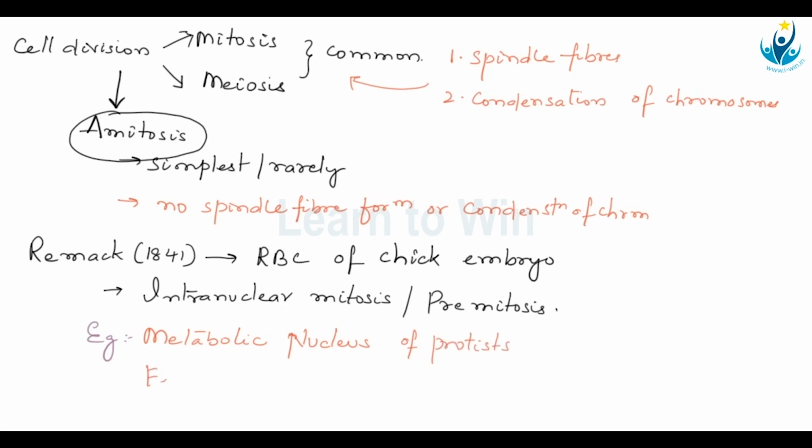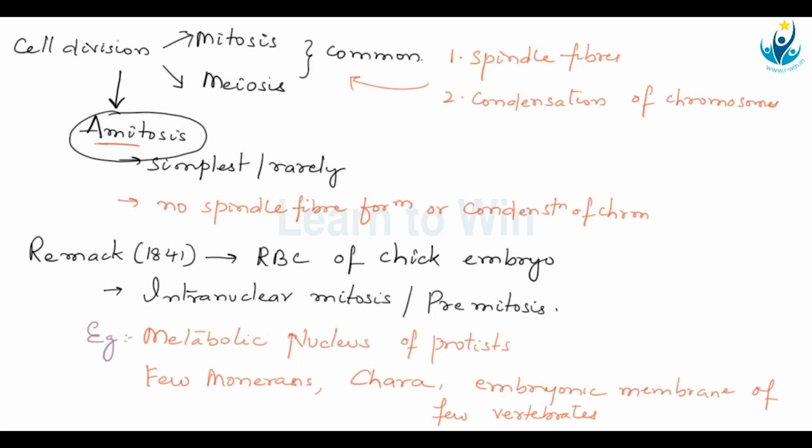It is seen in few moneran species, some species of Chara, the algae, and the embryonic membrane of few vertebrates. All of these have shown the amitotic type of cell division. So let us see in detail what the amitotic type of cell division is.